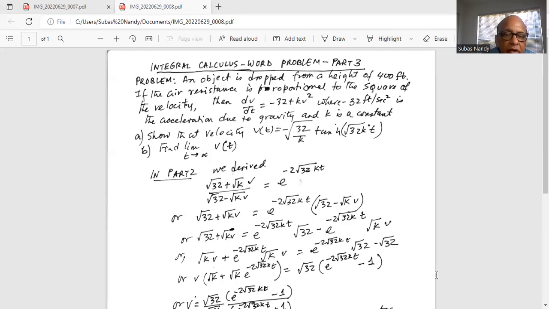So the left hand side stays the same, and we are going to distribute the e raised to the power of minus 2 square root of 32k t, first to square root of 32, that is we multiply e raised to the power of minus 2 square root of 32k t by square root of 32, minus e raised to the power of minus 2 square root of 32k t times square root of k times v.